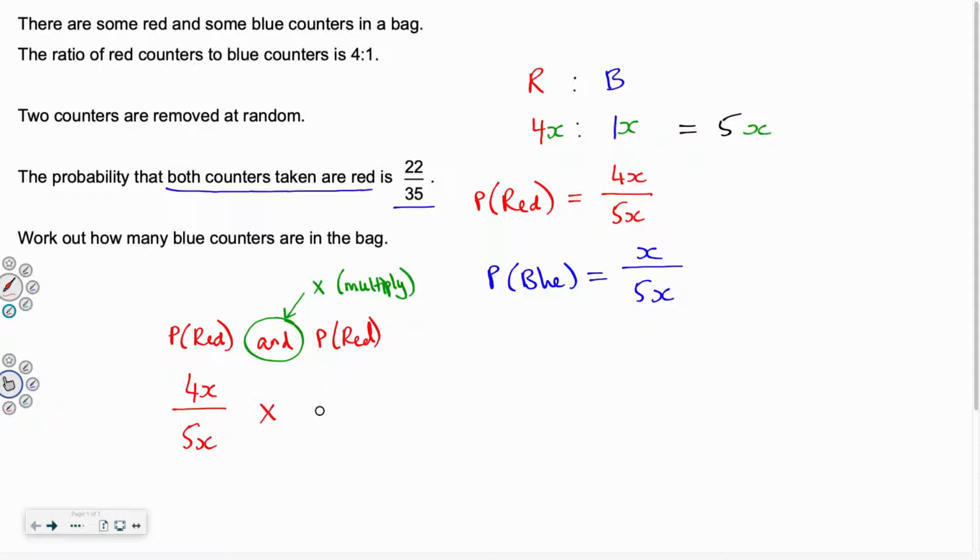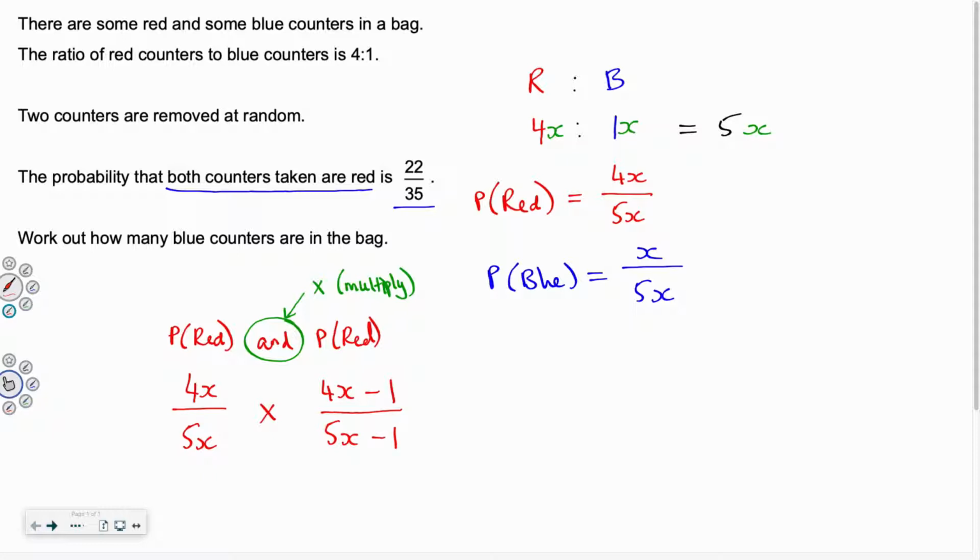And then when we take the second counter, the probability that that's going to be red, well, we've already taken a red counter out, so we're going to have one less counter, which is going to be the amount of red counters before we took it out, minus 1, because we've already taken a red counter out on the first go. Then our total, we've already taken a counter out on the first go, so we're also going to have one less counter in total.